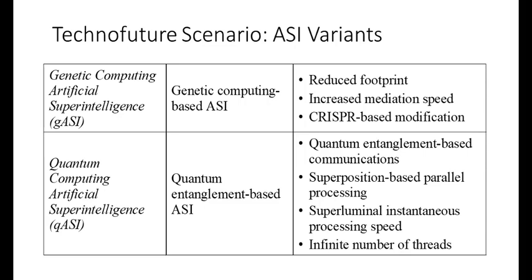A second variant would be quantum computing artificial superintelligence, which would engage the benefits and advantages of quantum mechanics, including entangled-based communications, superposition-based parallel processing, supraluminal instantaneous processing speed, and an infinite number of threads.